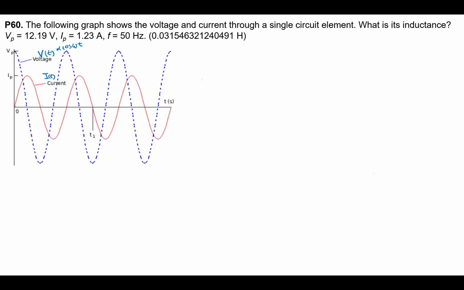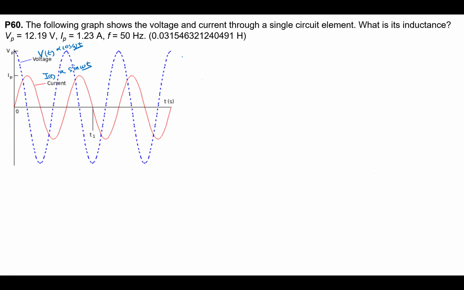And if you look at the current, it starts from zero, so it should be sine omega t. So note that this is cosine and this is sine, so they are not in phase, but the phase difference is pi over 2 or 90 degrees.